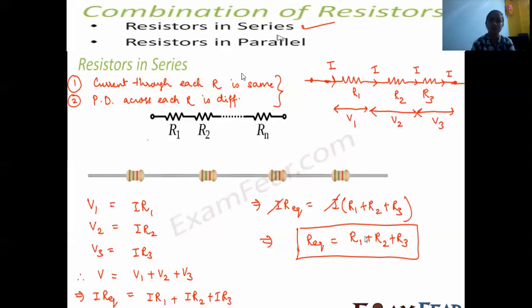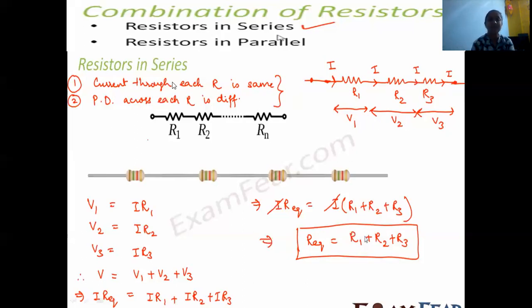So here in the entire circuit the current is the same, but children, the voltage is different in each resistor. In series, the current will be the same in all the resistances, but the voltage, that is the potential difference, is different in each resistance.